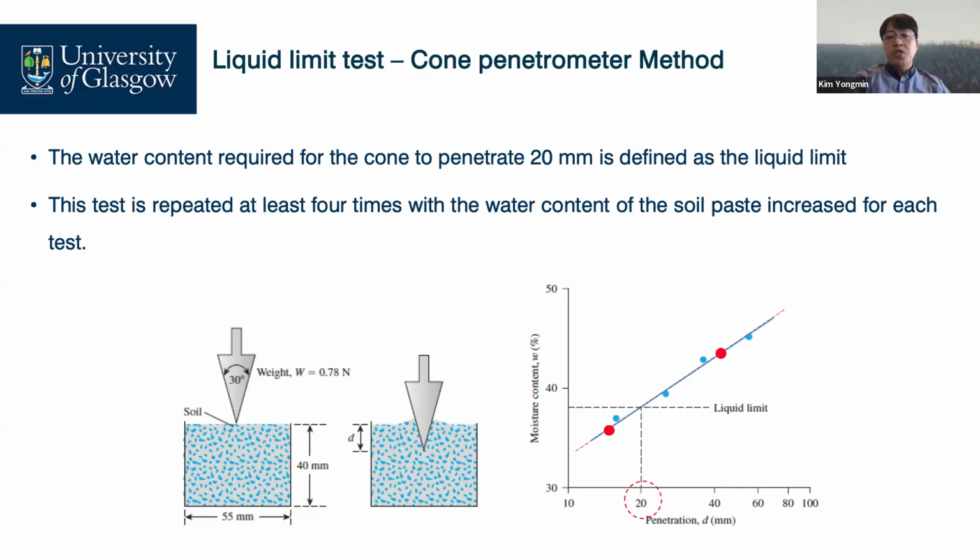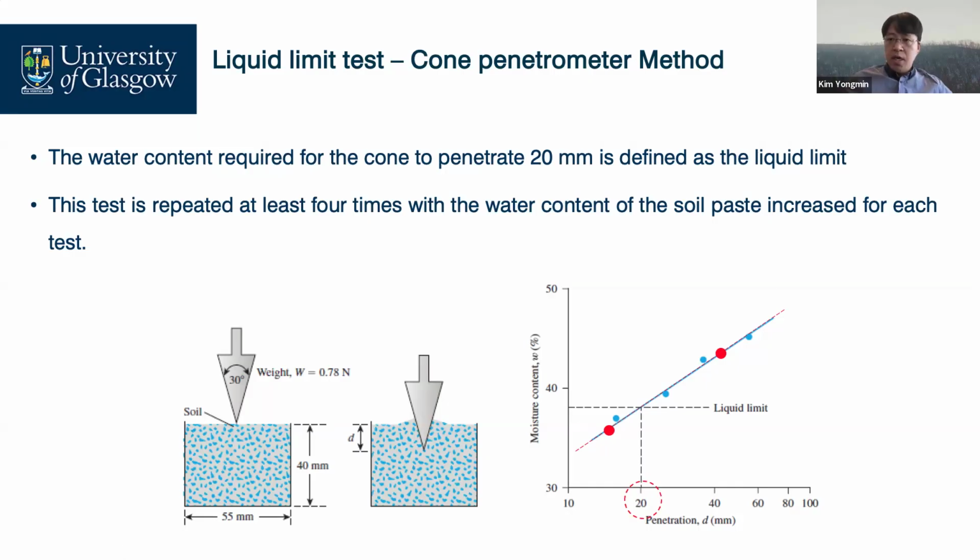The sample preparation is important to have a homogeneous sample. So you fill the cup one-third, remove any air bubbles by tapping the cup, and then fill up the cup all the way. As mentioned before, we need 4 or more tests at different water contents. So in our lab, Dr. Joel prepared soil samples at different water contents.